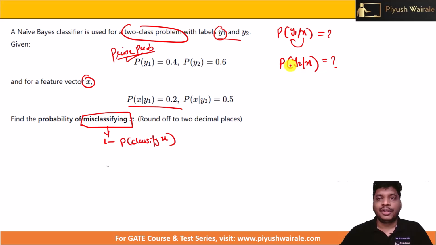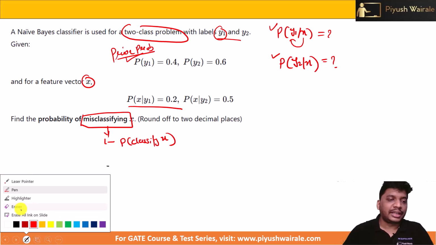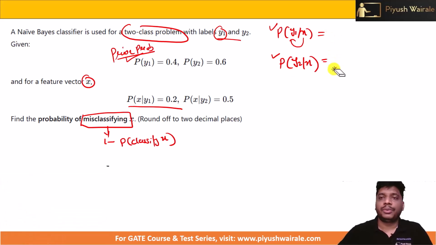In short, we need to find these two probabilities in the case of the Naive Bayes classifier. So please remember this. Let's try to calculate these two probabilities now.